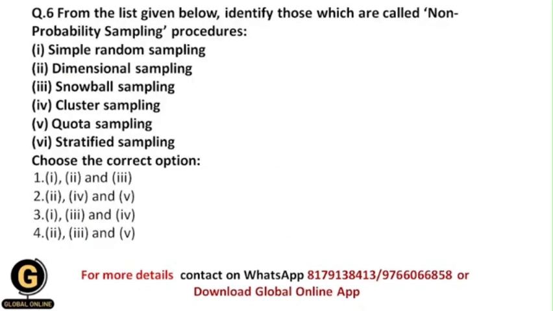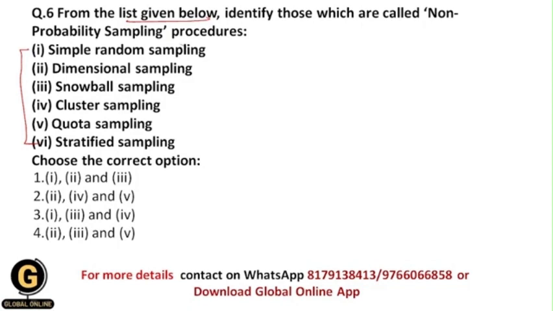Okay, from the list given below, identify those which are called non-probability sampling procedures. Here we have been given different sampling procedures, and we need to identify which are the non-probability sampling procedures among them. There are two types of sampling procedures: probability and non-probability sampling.